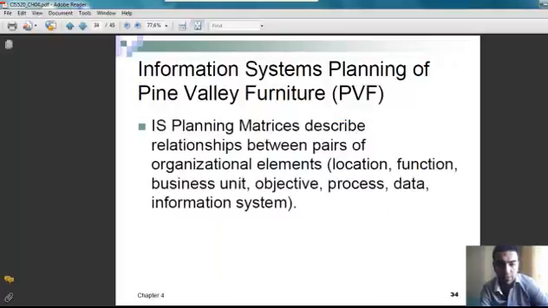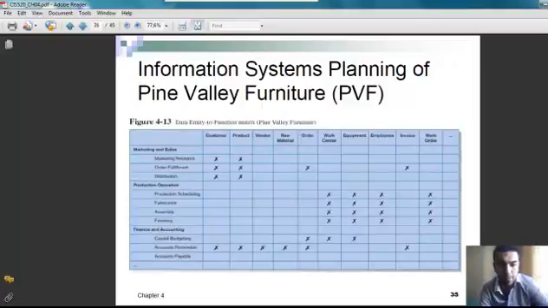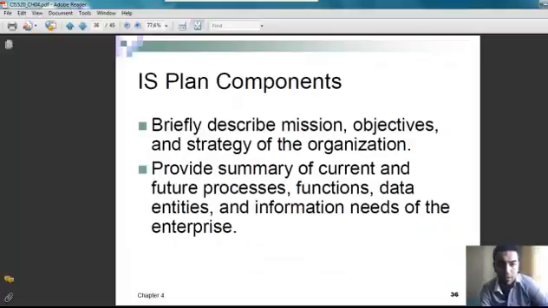IS planning matrices describe relationships between pairs of organizational elements. IS plan components briefly describe the mission, objectives, and strategy of the organization. Provide a summary of current and future processes, functions, data entities, and information needs of the enterprise.